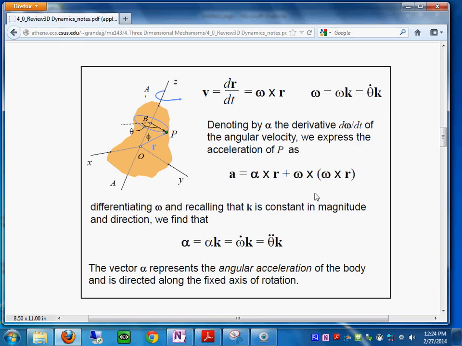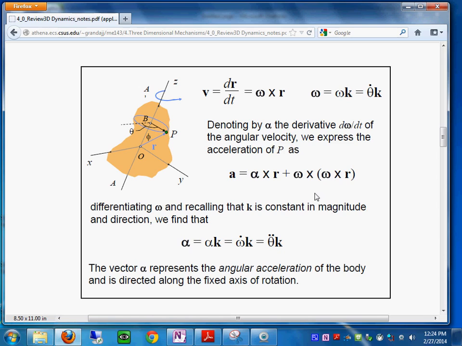Does everybody see why A is alpha cross R plus omega cross R? If you don't, raise your hand so that we can explain. I'll ask my question again.